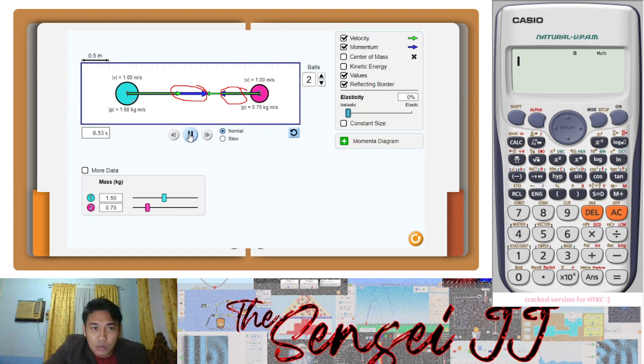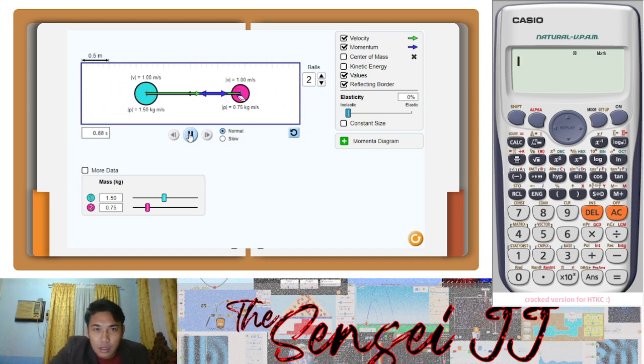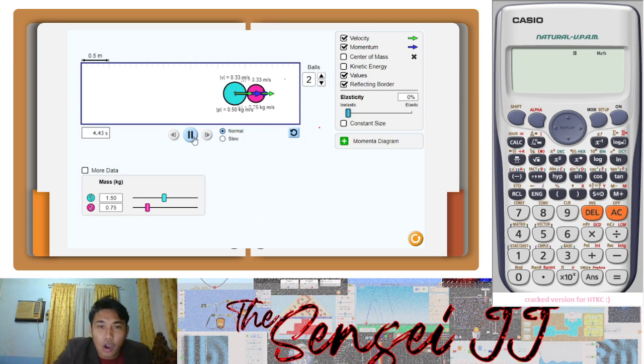Okay, so with this, ball one has a greater momentum than ball two. So what will happen next? Object one tends to bring object two in the same direction.